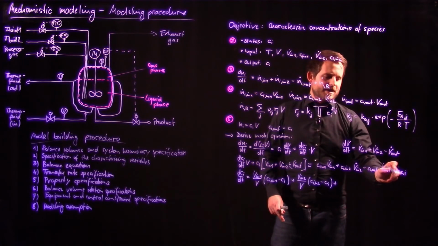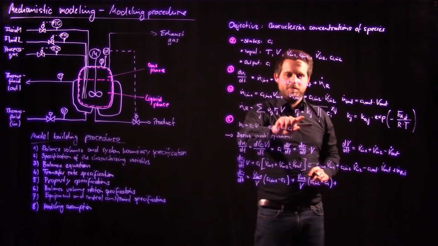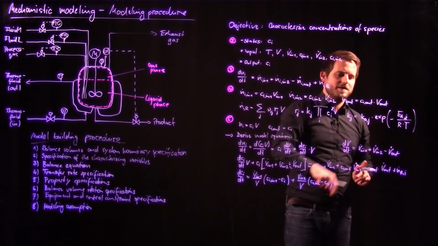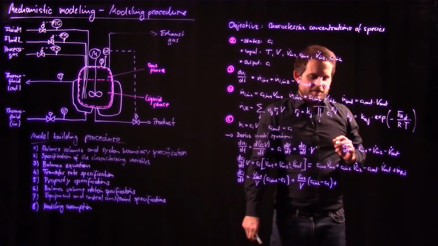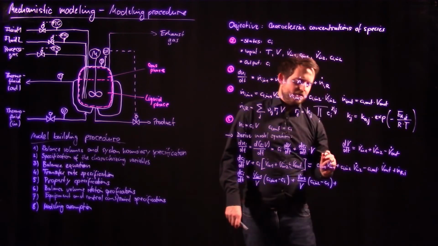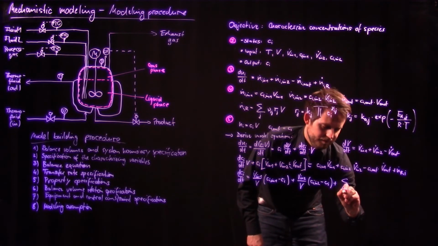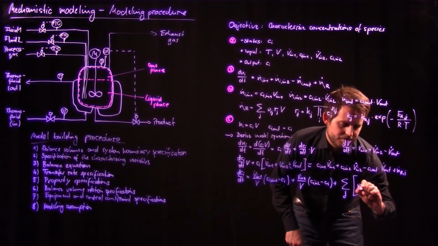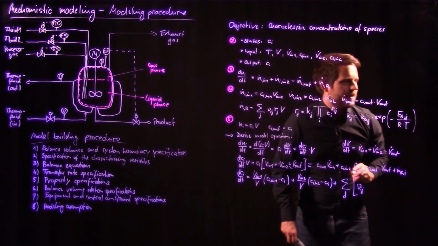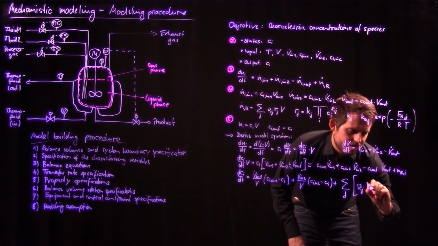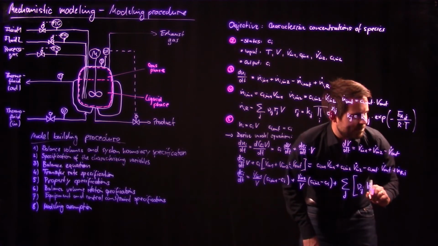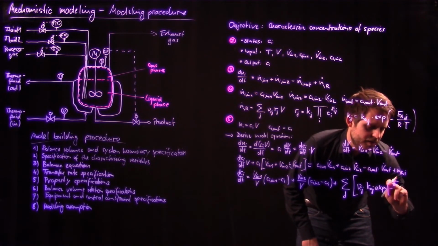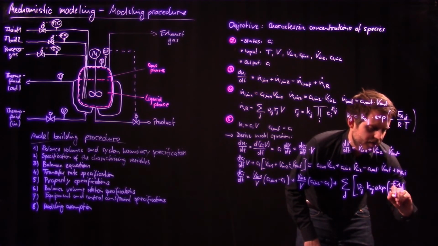Now we have to deal with this n dot I R. So we take this term, plug in the reaction rate, and in the reaction rate we plug in the term for the reaction constant, and we get a little bit more complicated term, which denotes the sum over the reactions j, with our stoichiometric coefficients, nu I,j, times the reaction constant, k0j, times the exponential expression, minus E A j divided by RT.